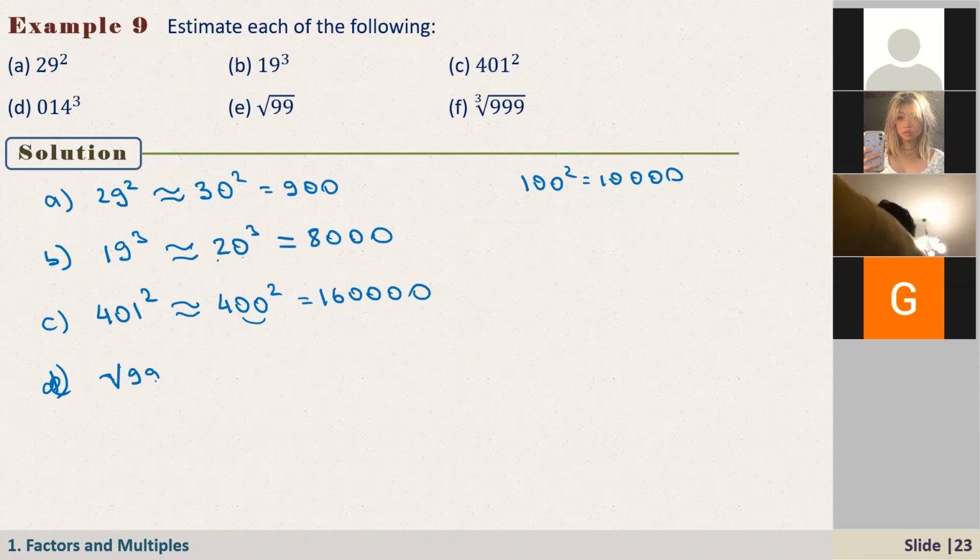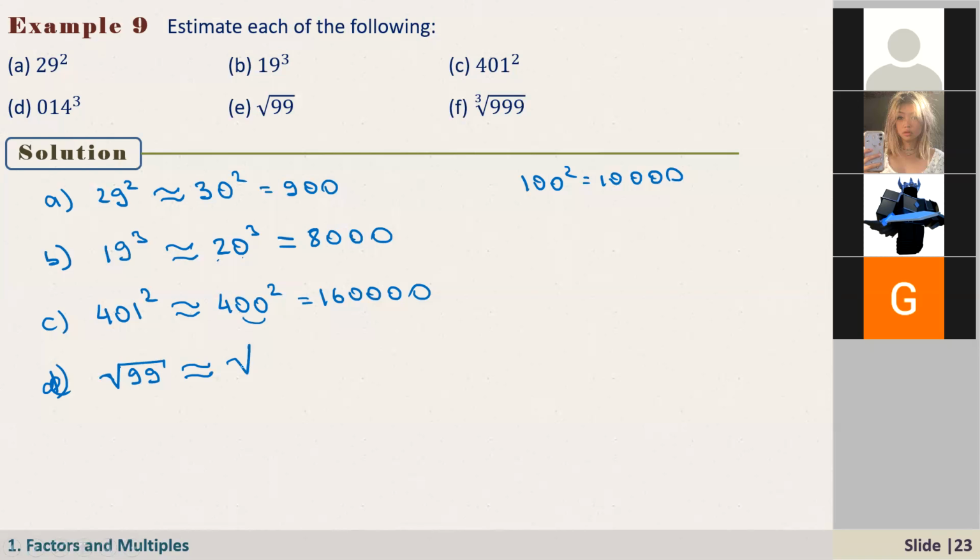Square root of 99. 99 is close to what square number? We have 100, 121, these are square numbers, right? So 99 is close to 100. So I can write here 100. And the square root of 100 is equal to 10.